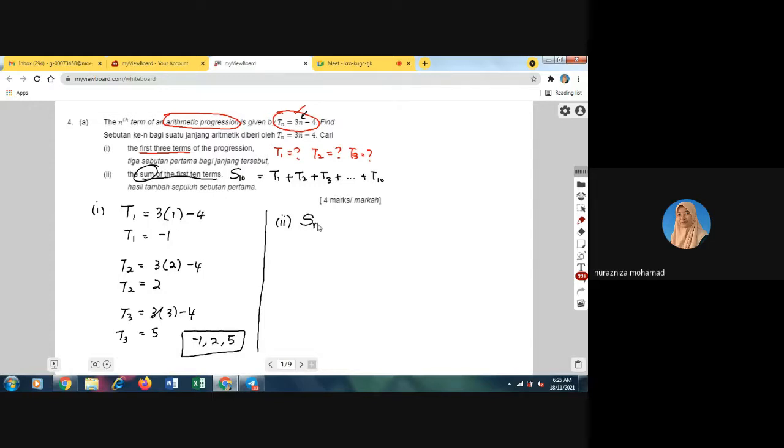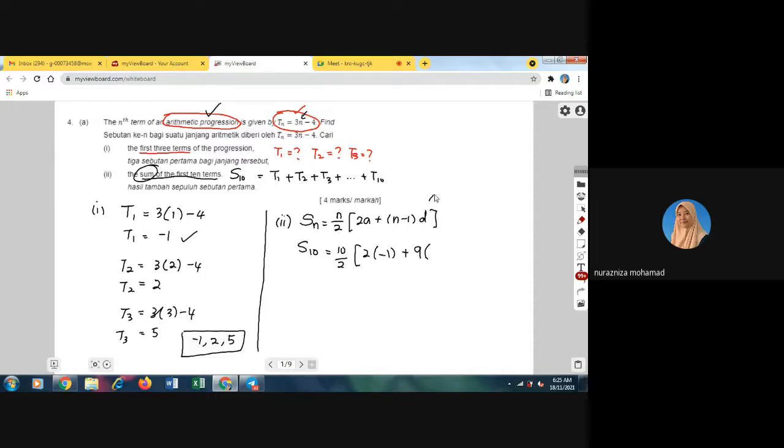So let's say I want to use the formula. Since this is arithmetic progression, the formula for Sn is n over 2, open bracket 2a plus n minus 1 d. So S10, the value of n is 10: 10 over 2, 2a, the first term just now is negative 1, plus n minus 1, 10 minus 1 is equal to 9, times d.